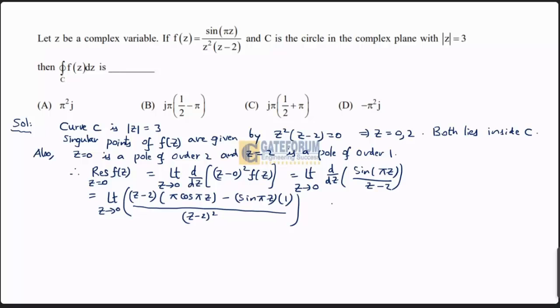Now applying limit z tends to 0, the numerator simplifies to minus 2 pi cos 0, which is 1, so minus 2 pi, minus sine 0, which is 0, divided by 0 minus 2 whole square. So this simplifies to minus pi by 2. Just put z is equal to 0.